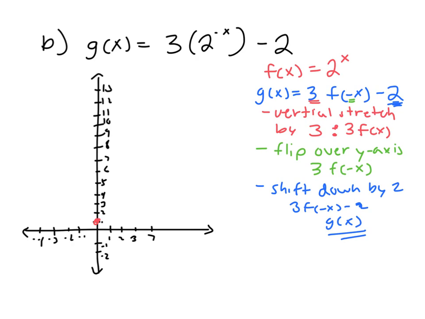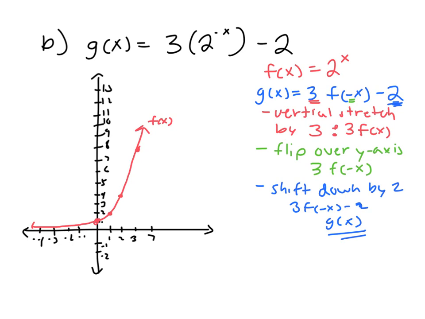Let's do the point 1, 2, right? If you plug in 1 for x, you get 2. If you plug in 2 for x, you get 4. What the heck, I can do maybe another one. If you plug in 3 for x, you get 8. Okay, and we know we have this horizontal asymptote here at y equal to 0. So it looks something like this. Okay, this is the f of x function.